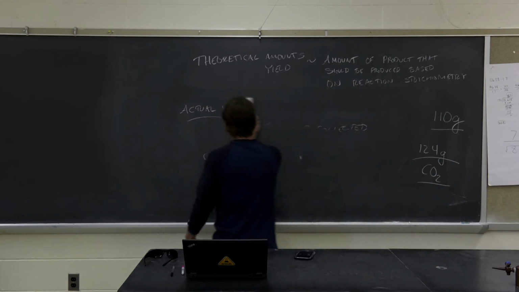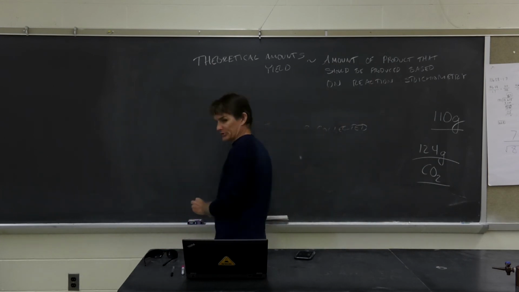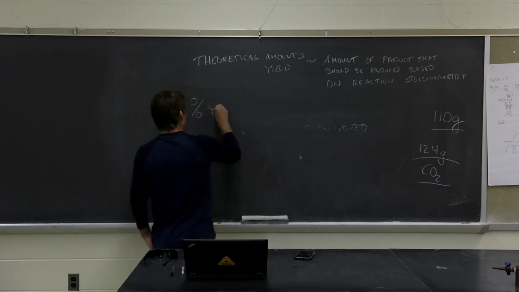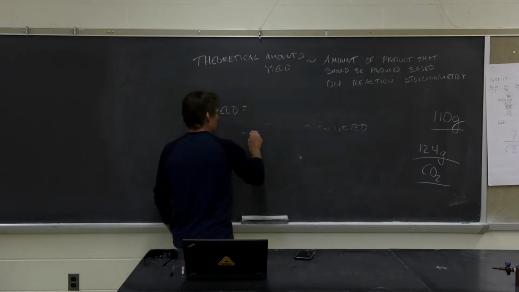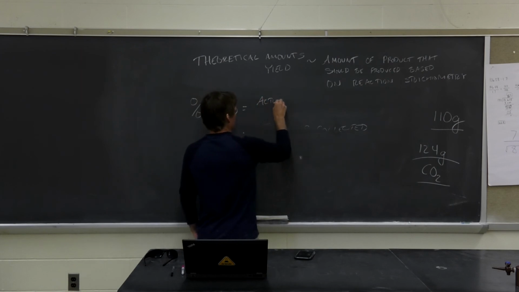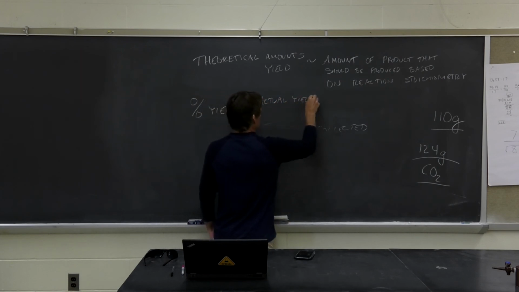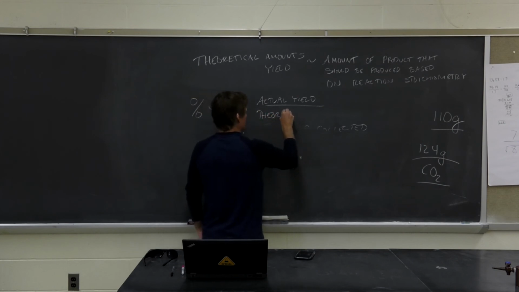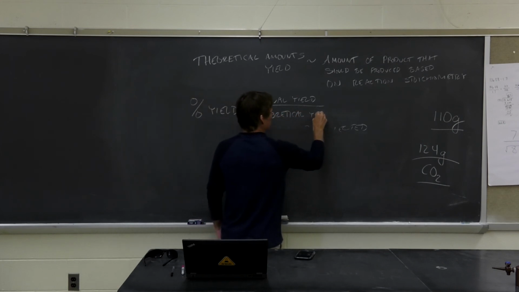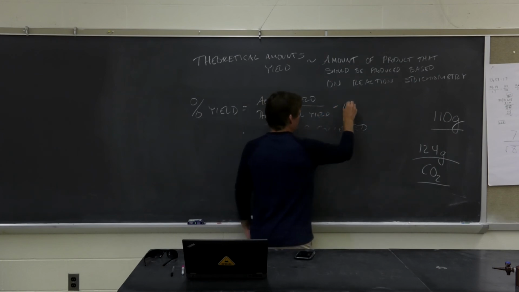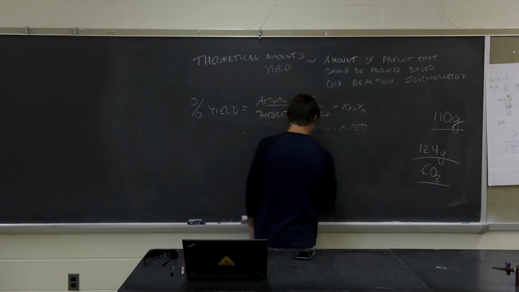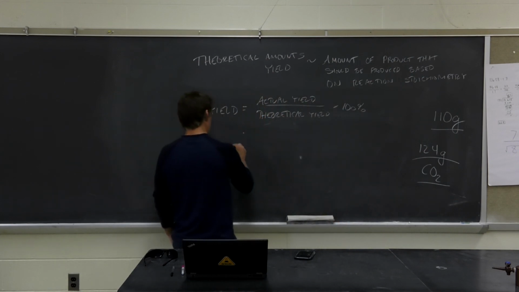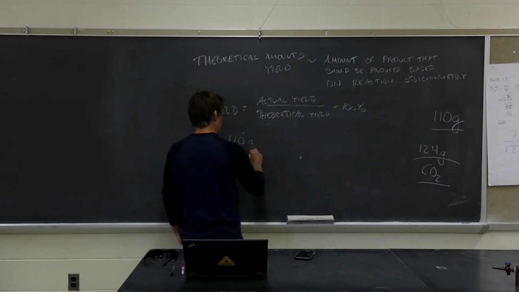So I'm going to write that down, and we'll calculate it in this case. The percent yield is going to be the actual yield divided by the theoretical yield. And we list it in a percent, so we'll just multiply this by 100%. In this case, pretty straightforward. I've collected 110 grams of carbon dioxide.